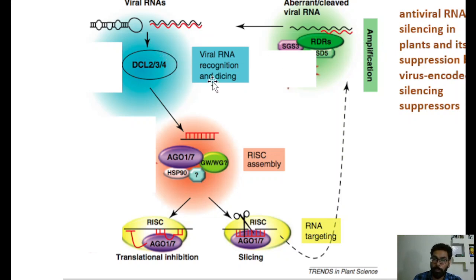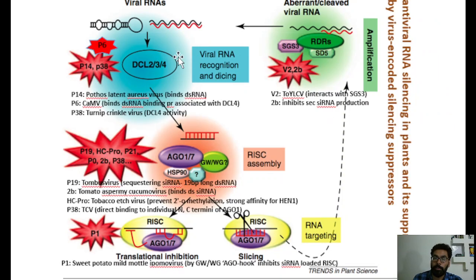Therefore, they will be recognized by the DCLs, different DCLs 2, 3 or 4, that will result in the formation of different length siRNAs that will then be carried to the RNA-induced silencing complex by AGO1 or 7, where it leads to the translation inhibition of these targeted genes. So basically, viruses produce different kinds of suppressors to overcome this machinery of the host plants.